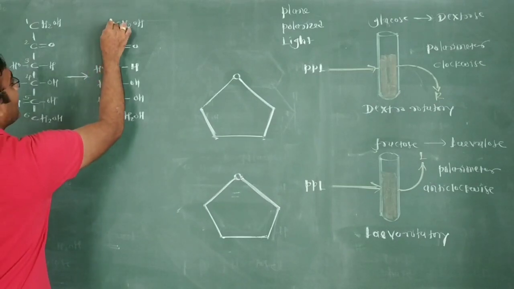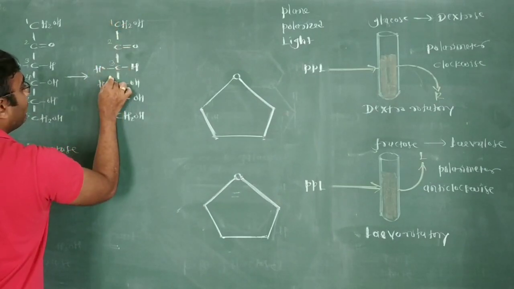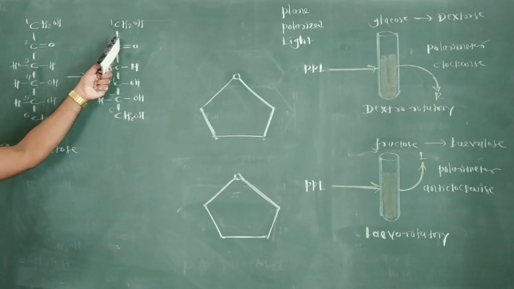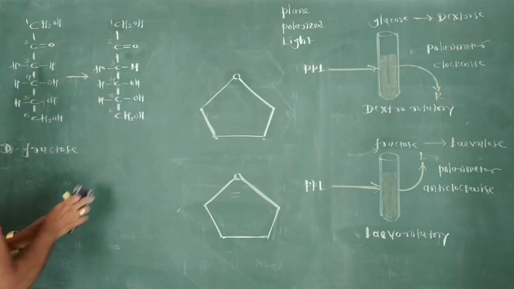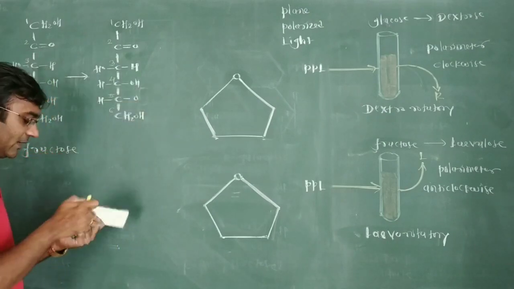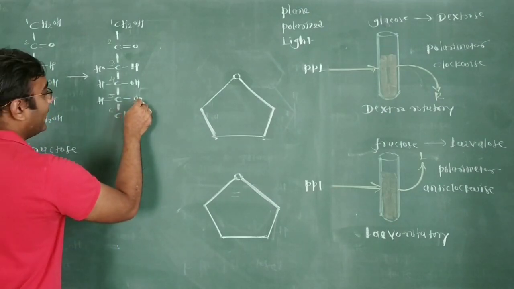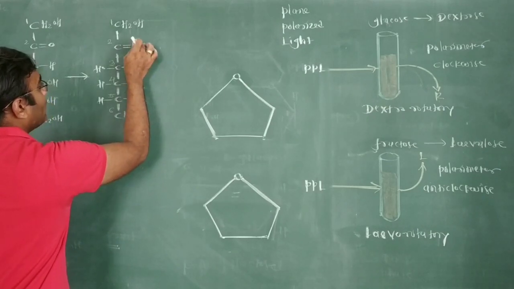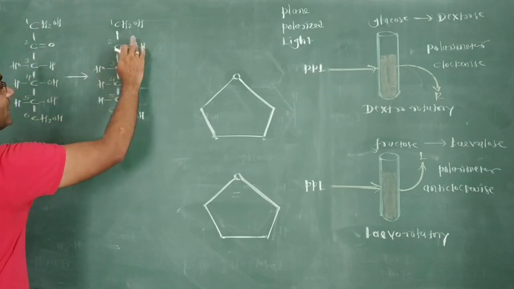This is first carbon, second, third, fourth, fifth and sixth. So here the ring forms between the second and fifth carbon. OH from the fifth carbon separates, H from OH, and attaches to the oxygen of the second carbon.